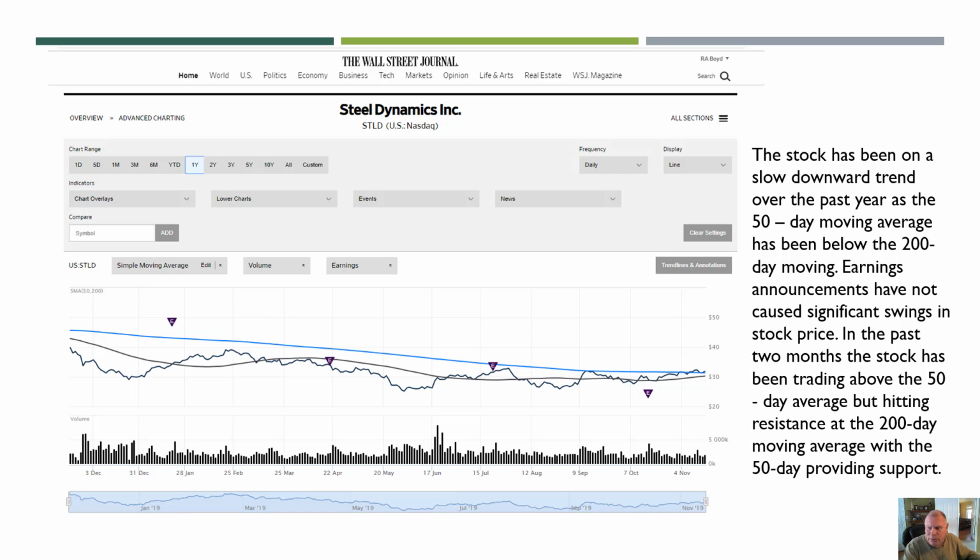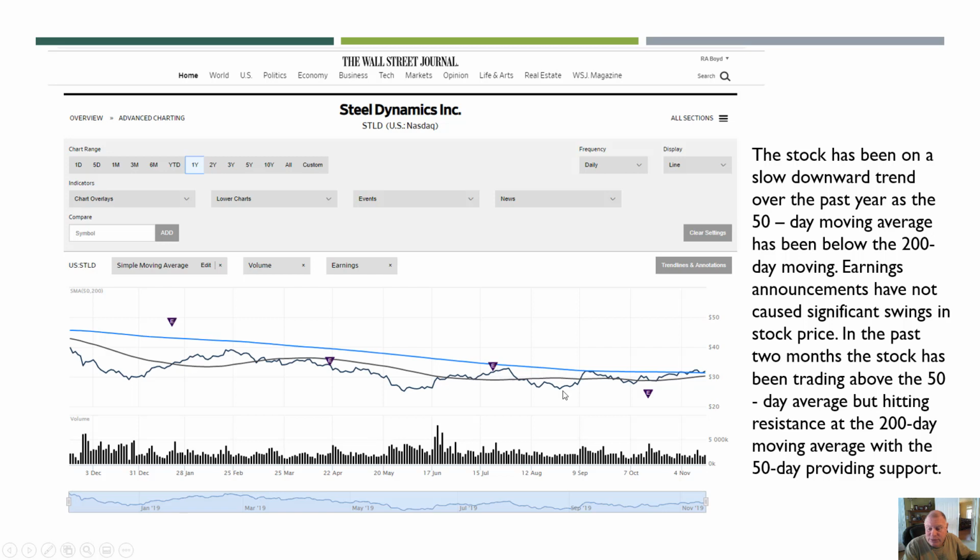Here's an example of Steel Dynamics, and as we can see, the blue is the 200-day moving average. The black is the 50-day. So what we can see is that over the past year, it's on a downward trend.